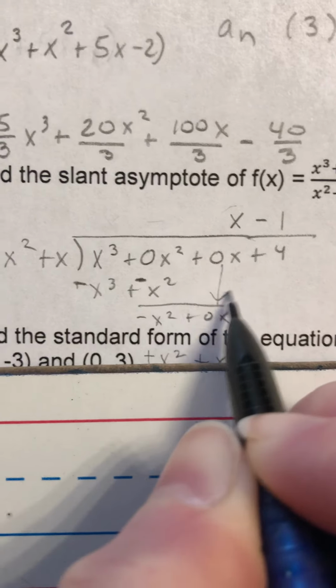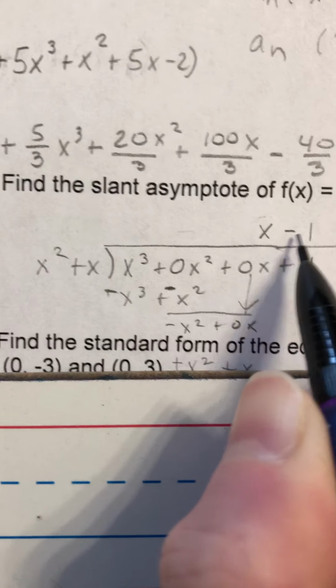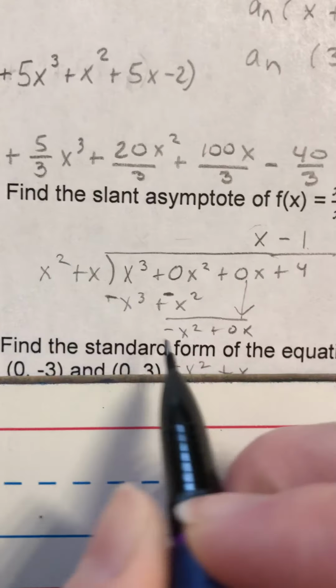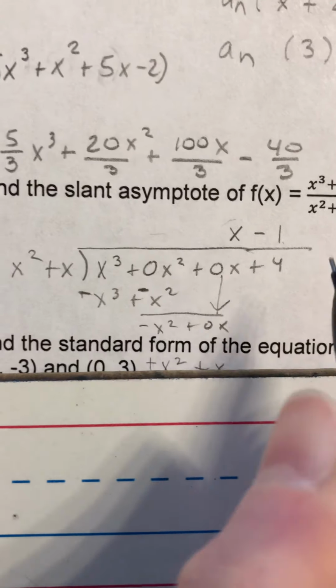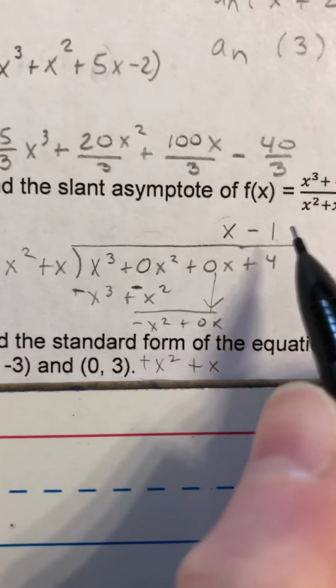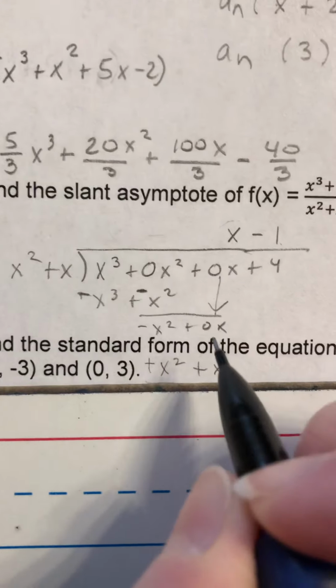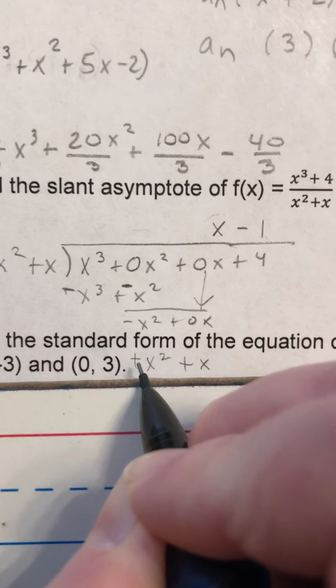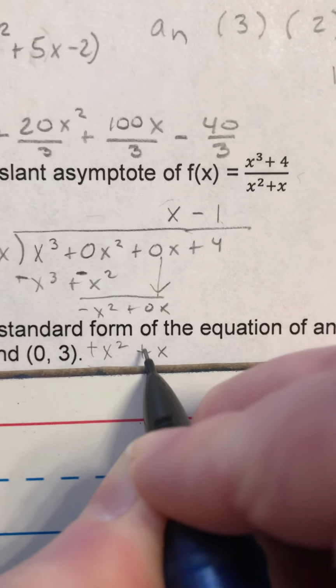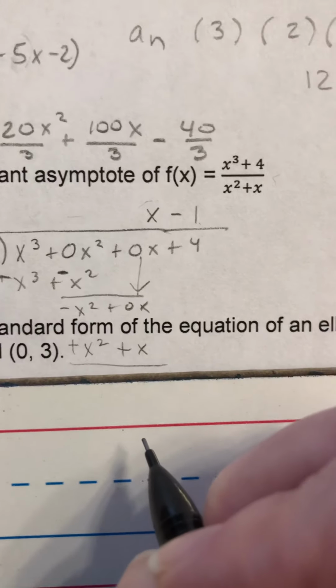Bring down the next term. Then negative 1 times x squared will give me negative x squared. And then negative 1 times x will give me negative x, but then I subtract the negative, and that's how I get this positive.